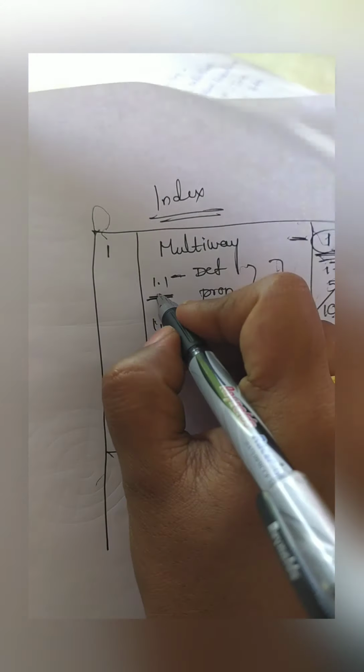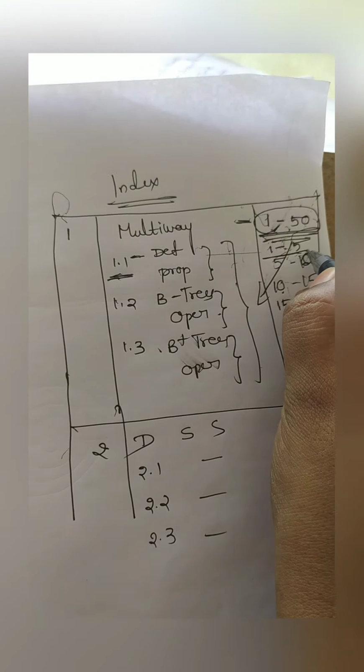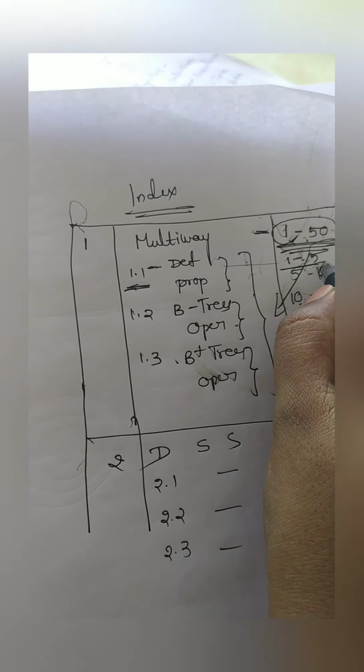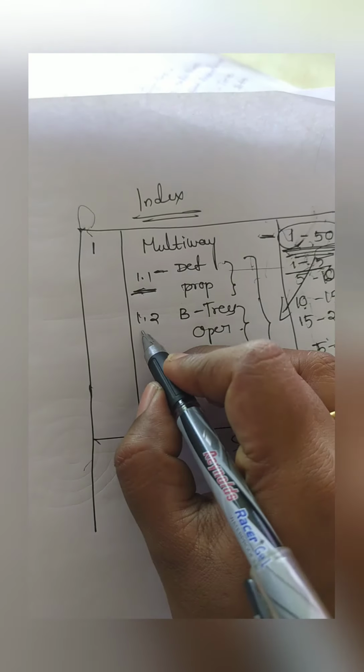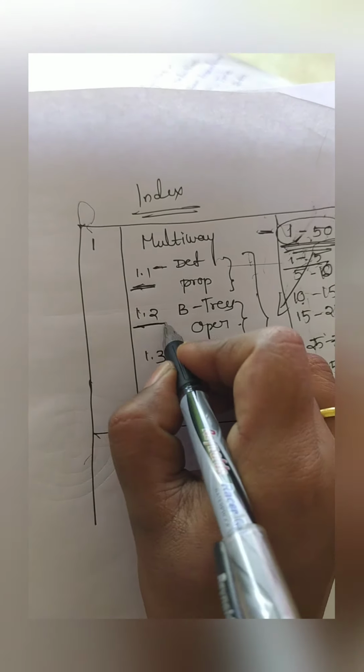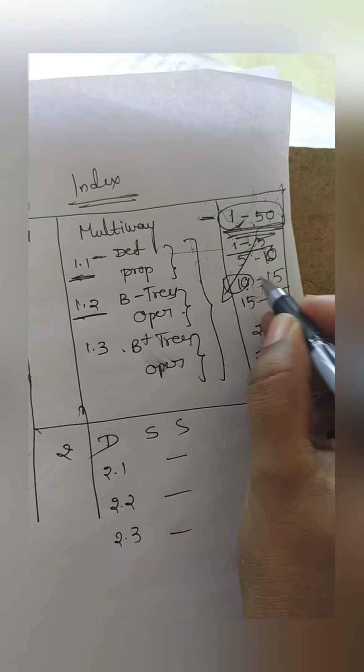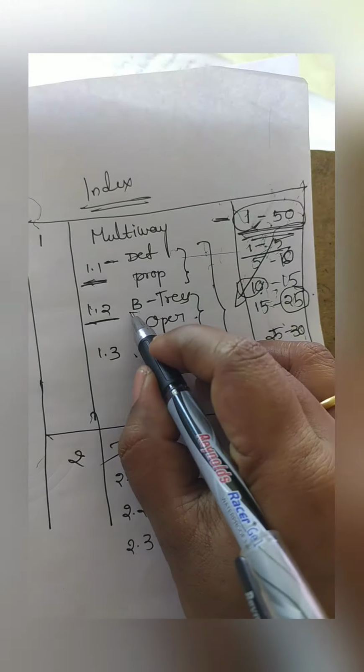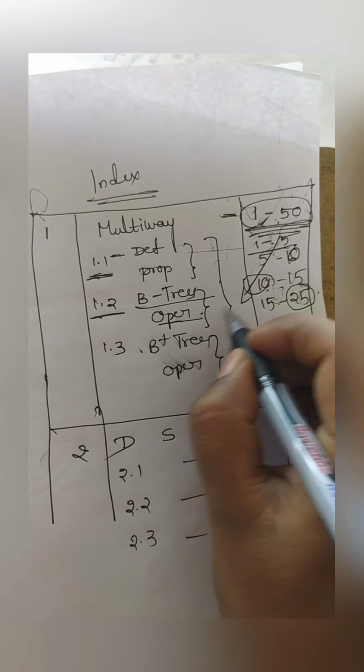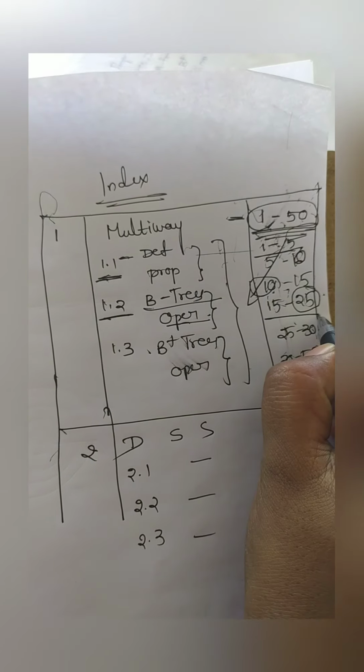If we want to go to 1.1, then we directly go to pages 1 to 5. Or if we go to 1.2, then we go to pages 10 to 25. For example, B-trees is the first one, then operations, so we directly go to pages 15 to 25.